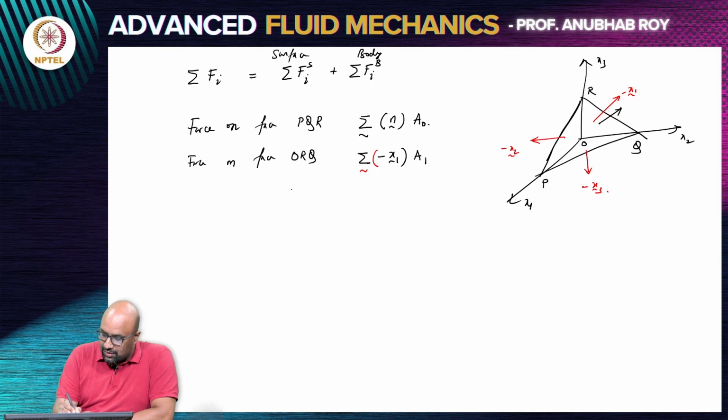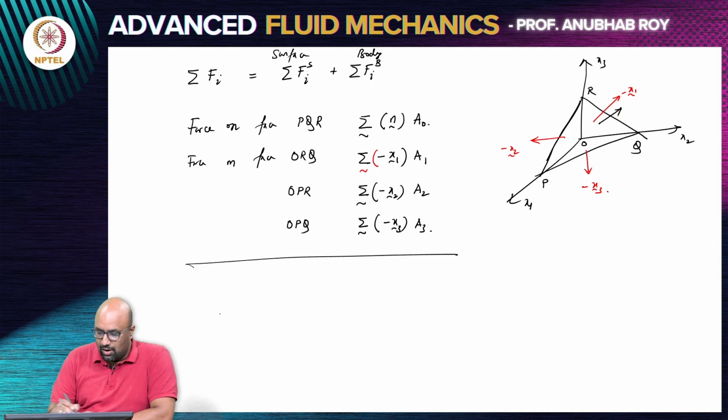Similarly, if I do this for the other face OPR, I have sigma minus x2 and A2. And for the face which is in the bottom, that would be sigma minus x3 A3.